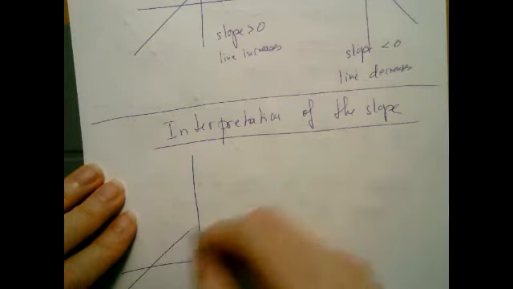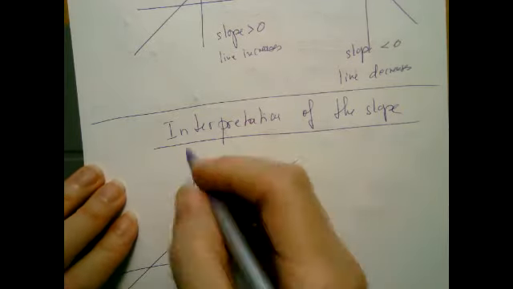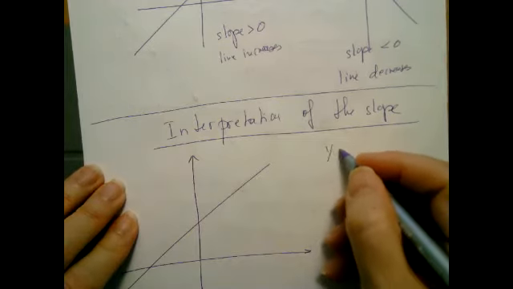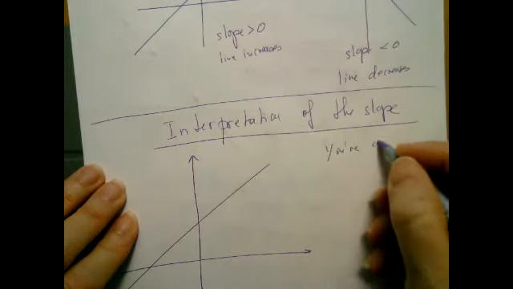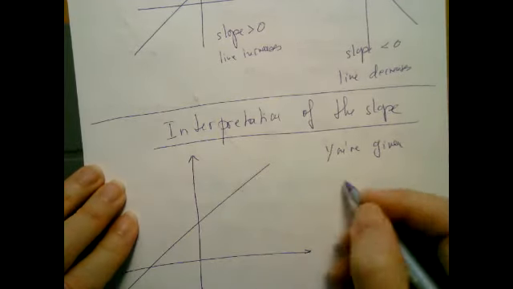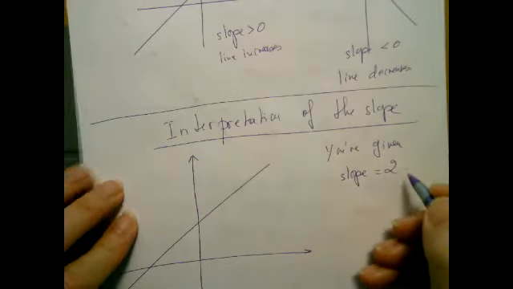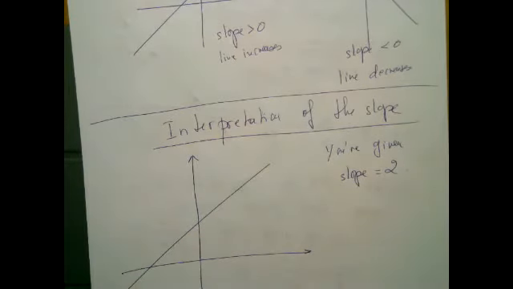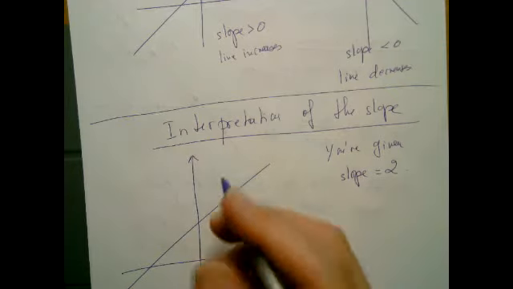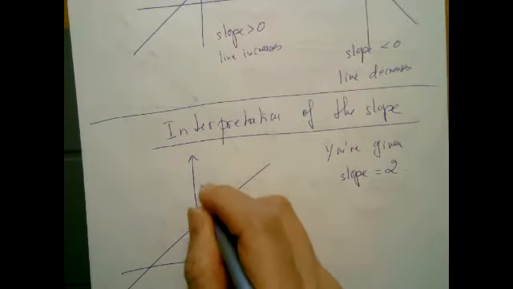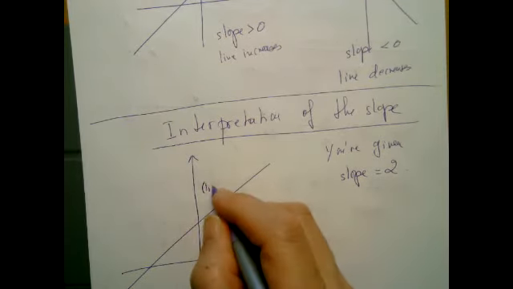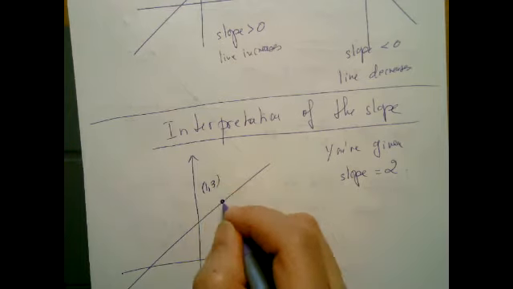You're given that the slope is 2. And I'm going to give you 1 point on this line: 1, 3.